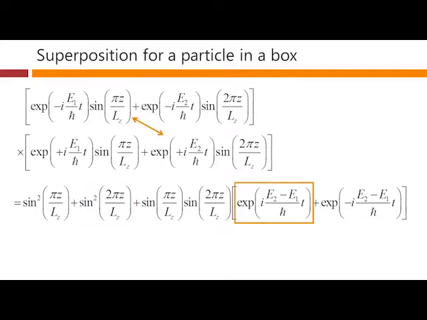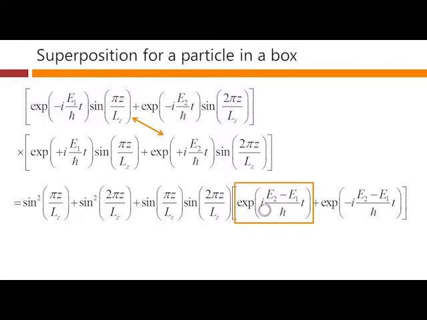Then we can multiply this term by this term. We get sine pi z over Lz and sine 2 pi z over Lz out front here. And multiplying this complex exponential by this one, we get e to the plus i E2 over h bar, that's this one, and e to the minus i E1 over h bar, in both cases times t, that's this one.